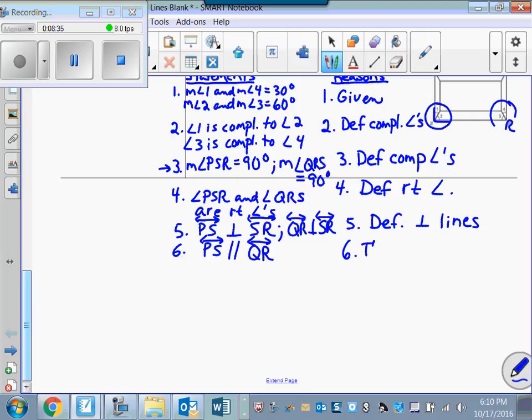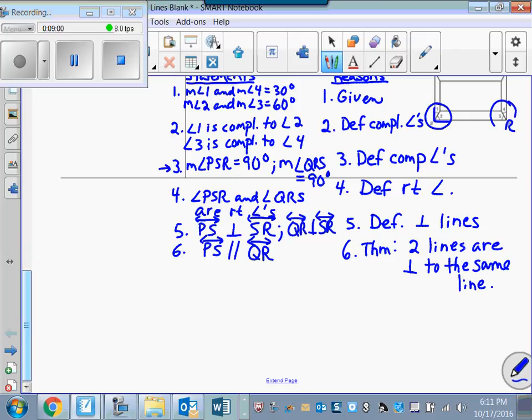So I'm just going to kind of shorthand that and say theorem, two lines are perpendicular to the same line. So whenever you need to use that theorem, it's fine with me if you abbreviate it just like that. I don't really think you can get away with saying it much more succinctly.